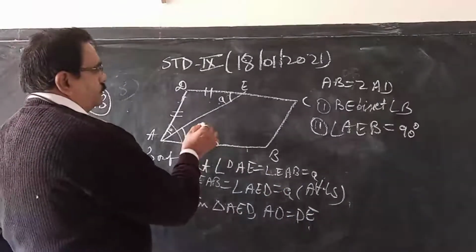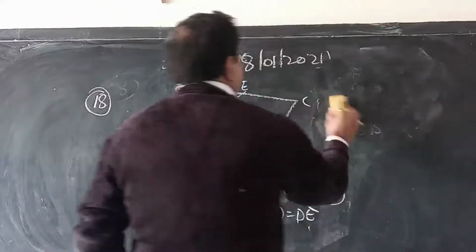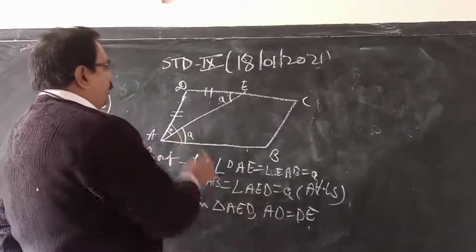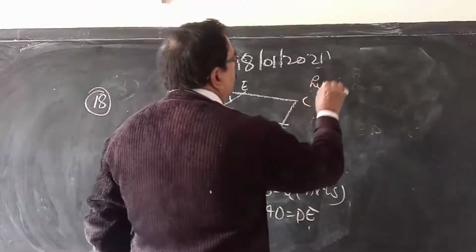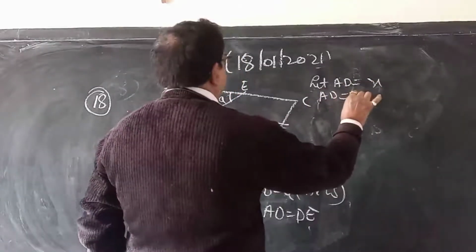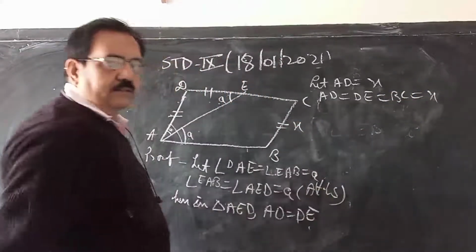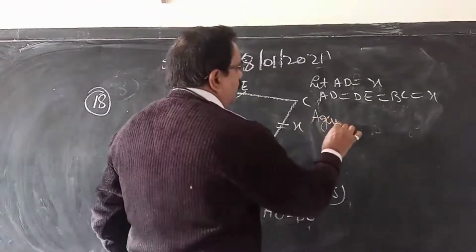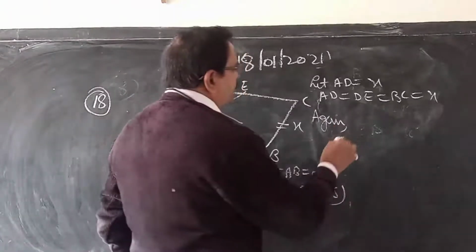Now AD is equal to DE, and AD is equal to BC also. So let AD be equal to x, then AD equals DE equals BC equals x. Again, what is given in the condition?